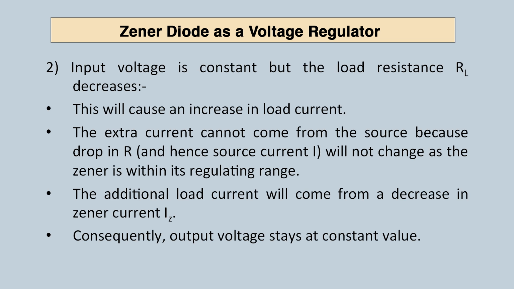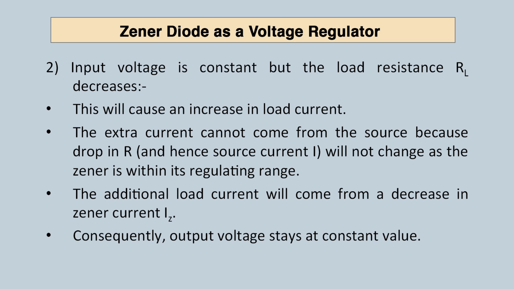Now, if the input voltage is constant but the load RL decreases, this will cause an increase in load current. Extra current cannot come from the source but drops in R. Hence, the source current will not change as the Zener is within its regulating range.